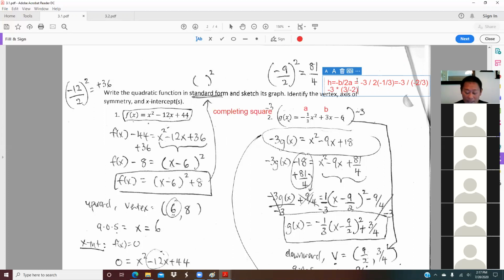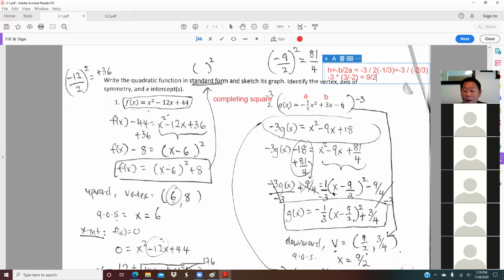So in this case, when you multiply this, this will become 9 over 2. So you find out that your 9 over 2 came from here. This 9 over 2 that you have, you see the 9 over 2? Okay, so this is how you find your h.